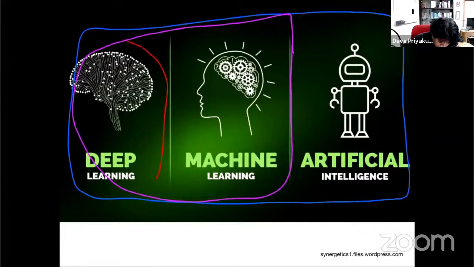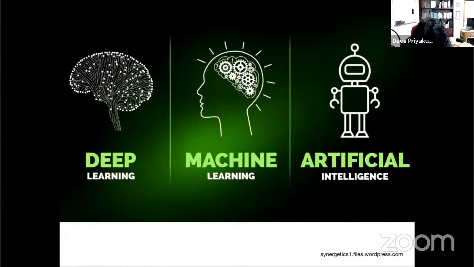I don't think I'm drawing it right, but what I wanted to say is, when you say artificial intelligence, it includes both machine learning and deep learning, and deep learning is a subset of the machine learning methods.